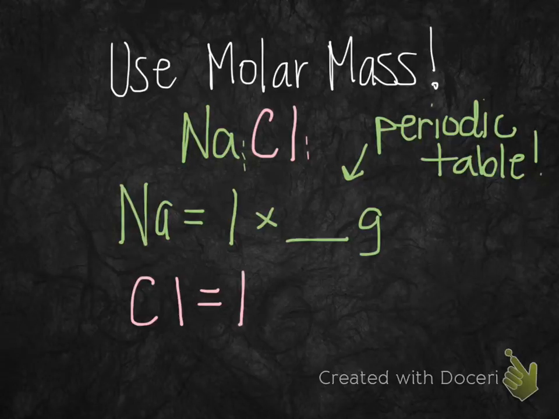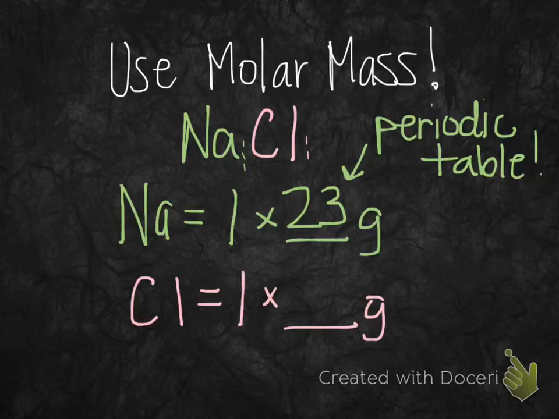Na is 22.9, round to 23. For Cl, what do you think the number of grams is? Should be 35. Almost last step.